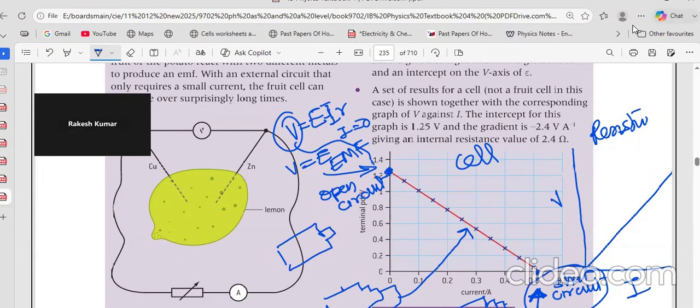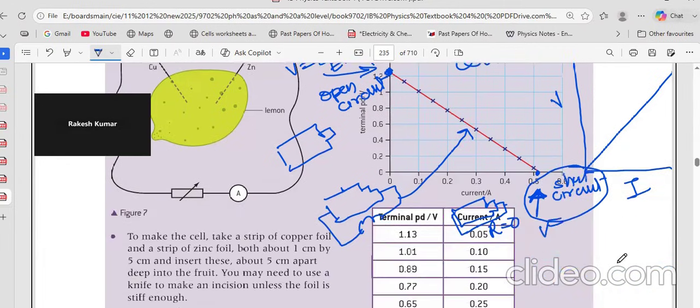And what does this mean? That means this V is 0. Why is V 0? Because V is equal to IR is equal to E minus Ir. Now, if the R is 0, then this will be 0.